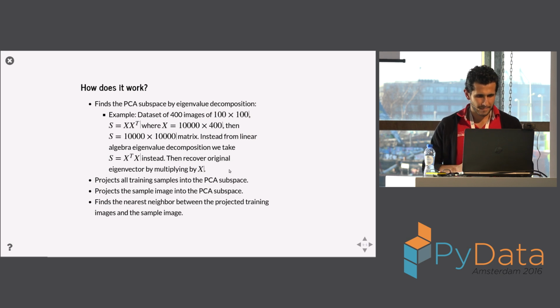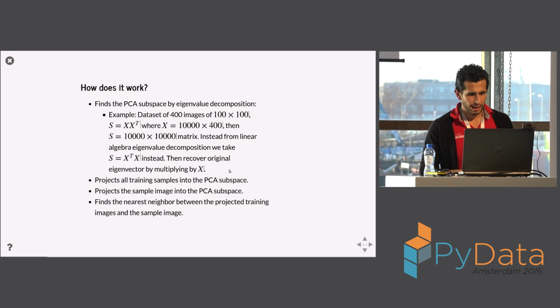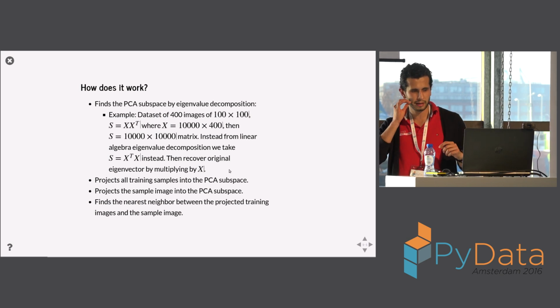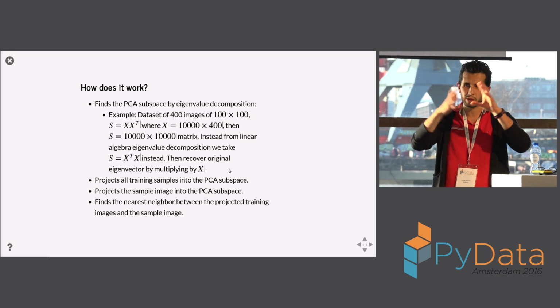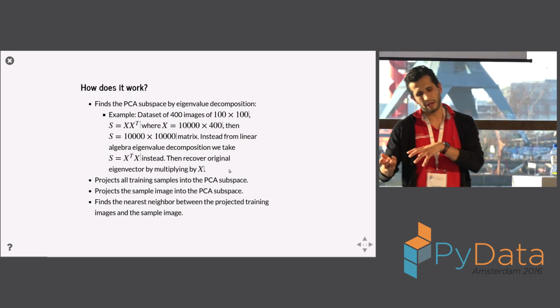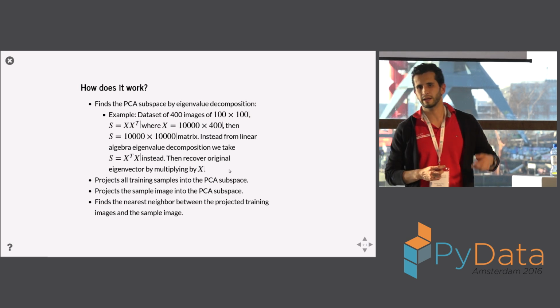Okay, and then of course it projects all the samples into the PCA subspace, and projects also the sample into the PCA subspace, and then calculates the difference in that subspace with all the images. The image that is the closest one, because you gave a label before, flags that label.